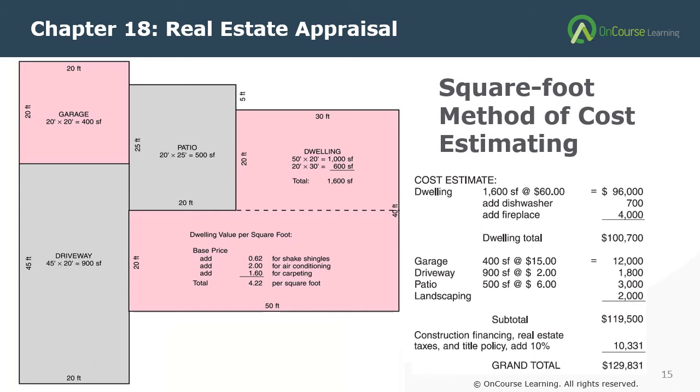The reproduction cost is the cost of an exact replica of your subject, whereas replacement cost is the cost of an improvement that has the same utility as the subject property. Reproduction cost is often used for newer improvements, whereas replacement costs may be used for older improvements.